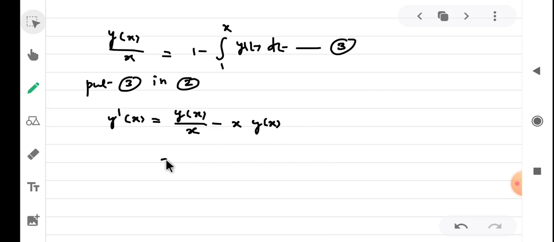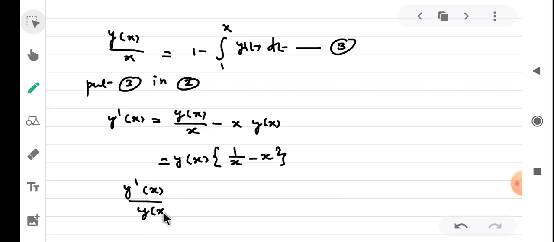This can be rewritten by pulling y of x outside, and it becomes 1 by x minus x. So bring this y of x to this side: y dash of x divided by y of x is equal to 1 by x minus x. Then integrate on both sides.